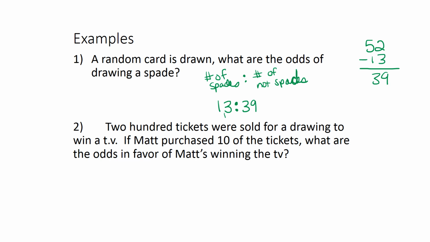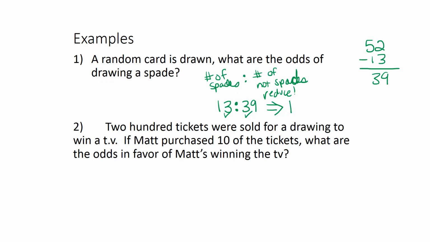But notice that these two will total the denominator in a probability, like that last one. 3 and 4 make 7, right, which is the total. So the odds are 13 to 39, but you should reduce them, right, because 13 goes into both.